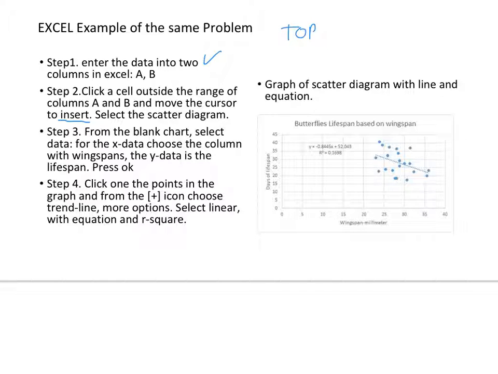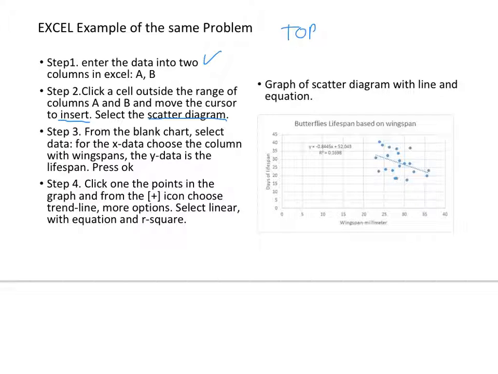Then we selected the scatter diagram icon, and from that we hit enter. We get a blank chart, and we select for the X data, column A, which is the wingspans, and for the Y data, column B, the lifespan, and we press OK.